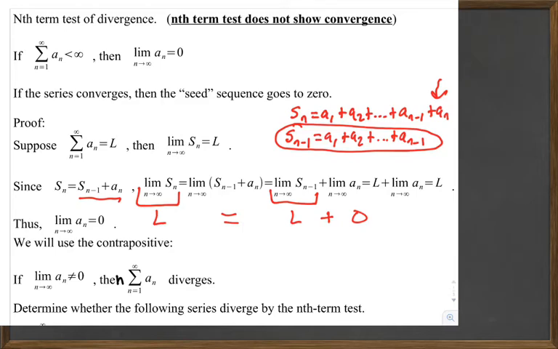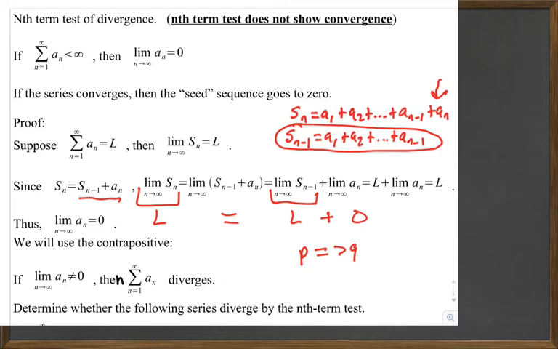We're going to use the contrapositive of this theorem. So the original theorem, we have P, which would be the sum converges, implies Q, and Q is the limit of a sub n is 0.